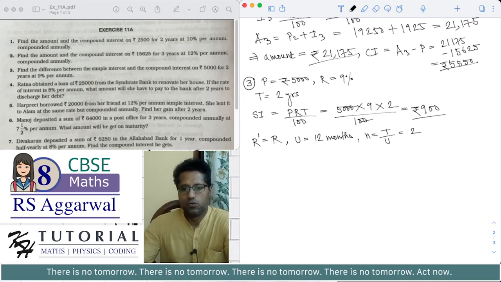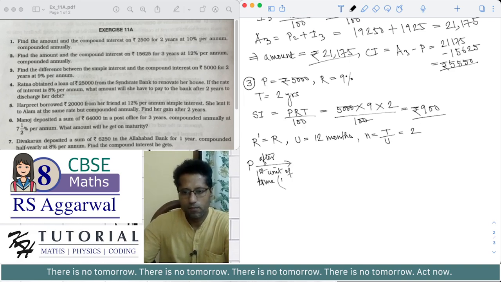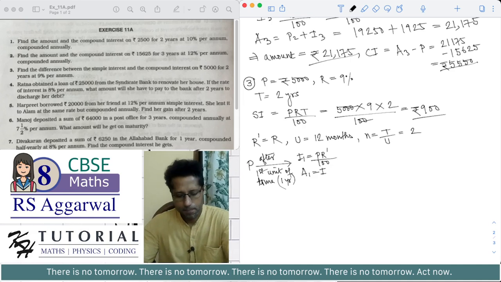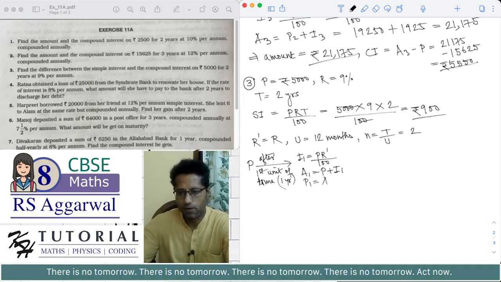Okay. So the scenario for the compound interest is we have the original principal P, and after first unit of time, or 1 year, we have I1 interest is P R dash by 100. The amount A1 is equal to P, that is the current principal, plus the interest, and the next current principal P1 will be equal to A1.